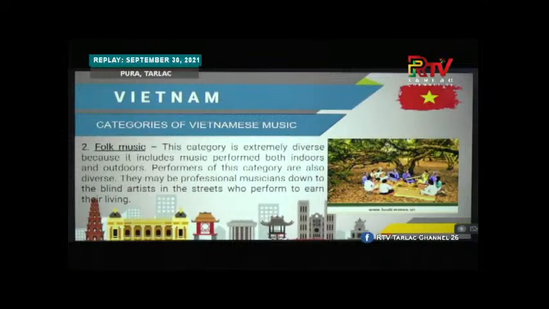Vietnamese folk music is performed on different occasions depending on its subcategory like musical theater, streets, for courtship rituals, for invoking spirits in ceremonies, and is sometimes influenced by Western elements. Some Vietnamese music only has female singers and some have both male and female singers.